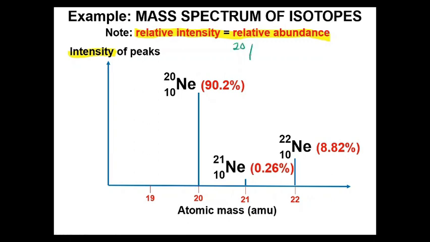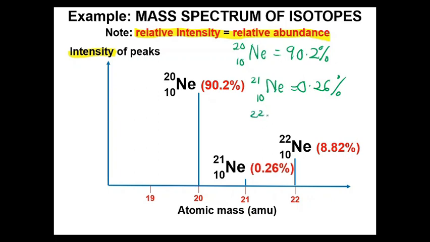For 20 neon, there would be 19.2%. For 21 neon, that would be 0.26%.